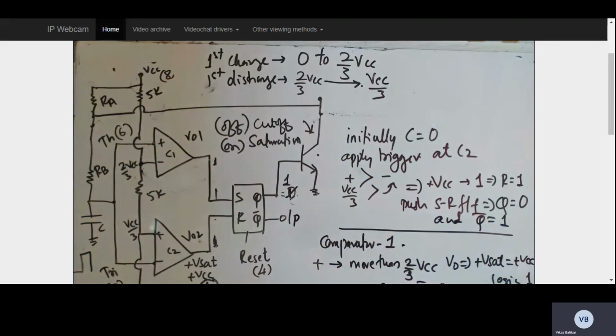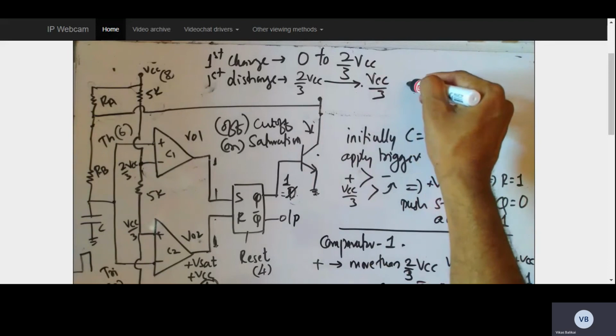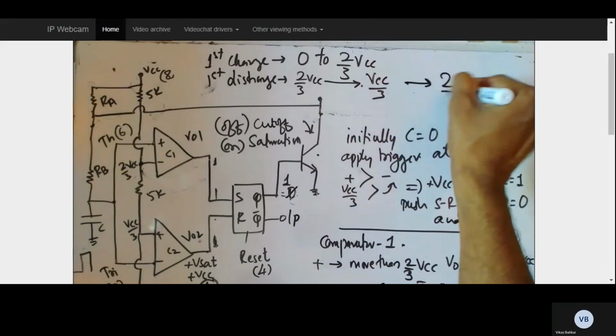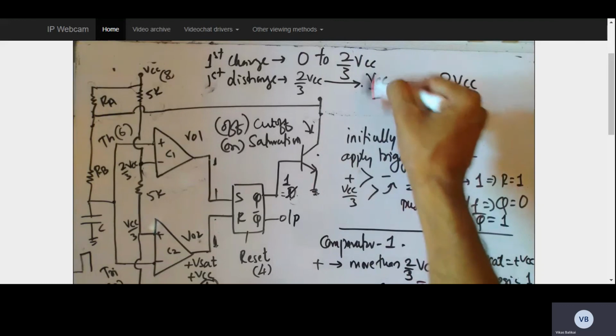So this way one comparator takes care of the charging, and the other comparator takes care of the discharging action of the capacitor. The first charging will be from 0 to 2 by 3 VCC, and the first discharge will be from 2 by 3 VCC till VCC by 3. Similarly, the next charging will happen from VCC by 3 to 2 by 3 VCC, because the first discharge was till VCC by 3.